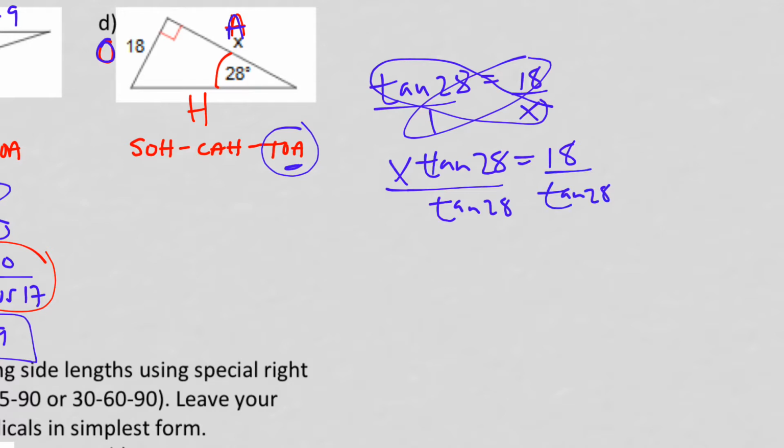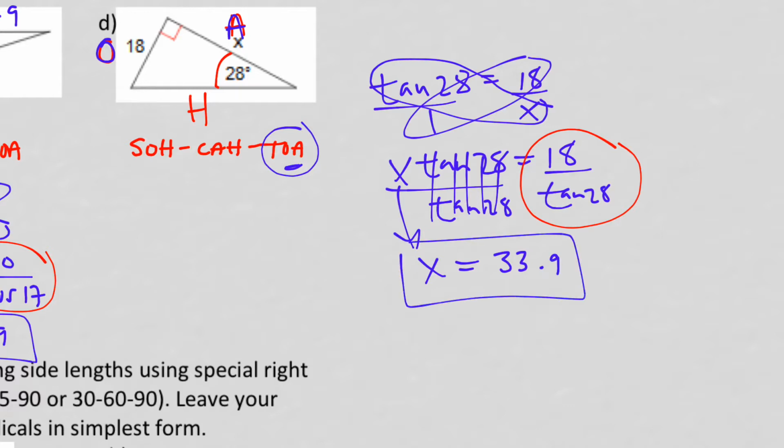So those cancel here. So x equals 18 over tangent of 28. And again, as before, on a calculator, if I put 18 divided by tangent of 28, I'll get approximately 33.9, which is the length here of this missing side.